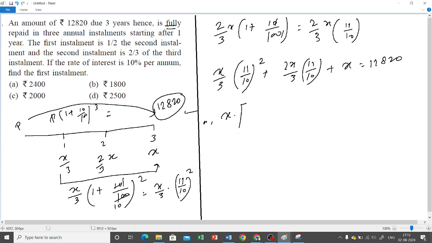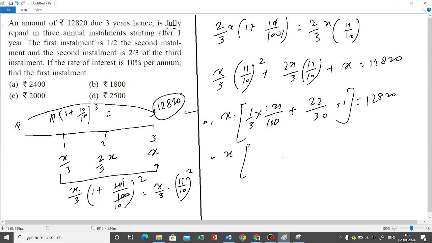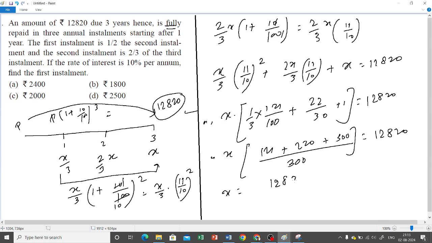So I can take x common, but still it is not going to help me too much. 121 by 100, 22 by 30, and this is going to be 520, 641.